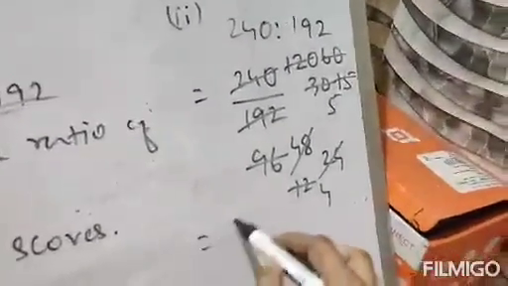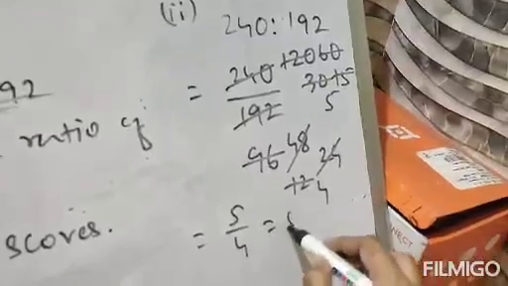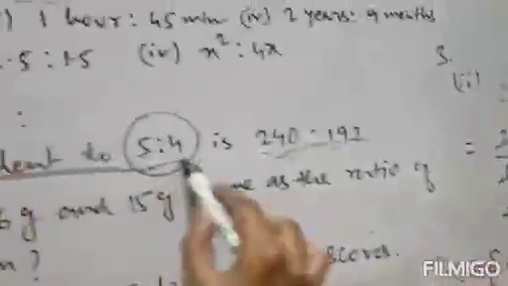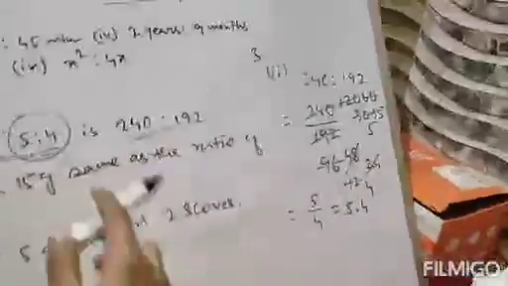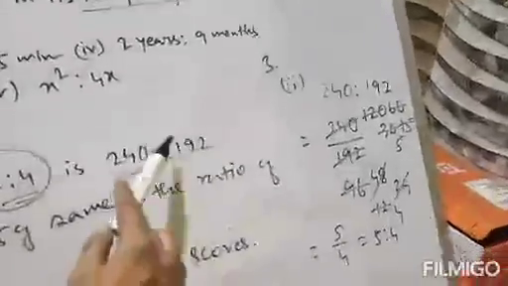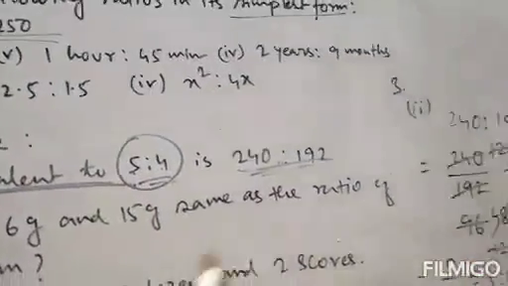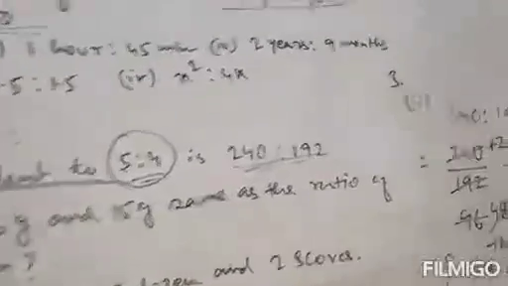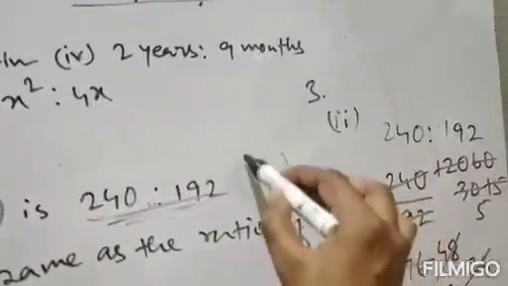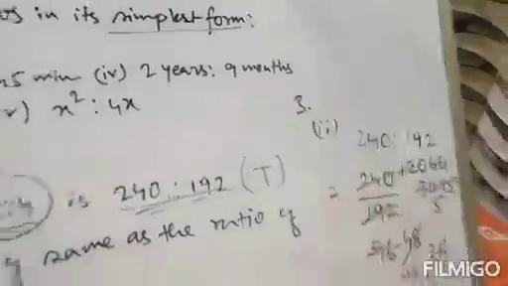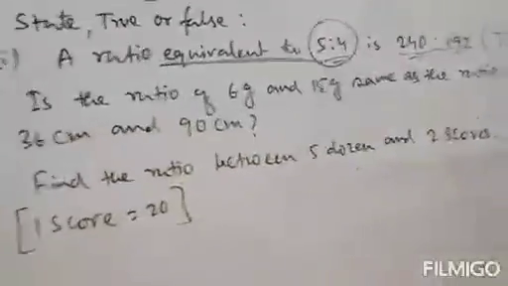That means 5:4. And the given ratio is also 5:4. That means if you reduce this ratio, its simplest form is 5:4, and the given ratio is also 5:4. Therefore, it is equal. Therefore, we will write that the statement is true. This is a true statement. Clear?